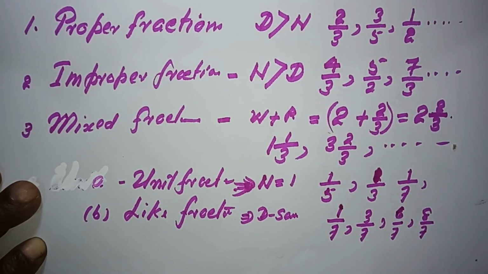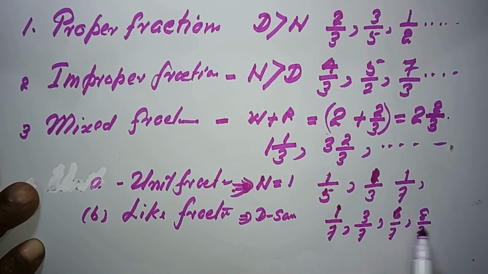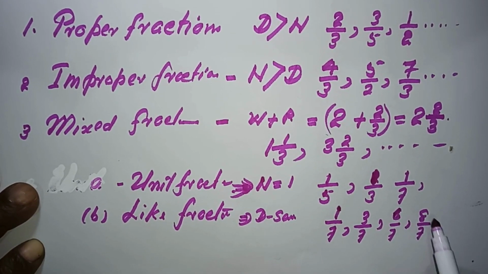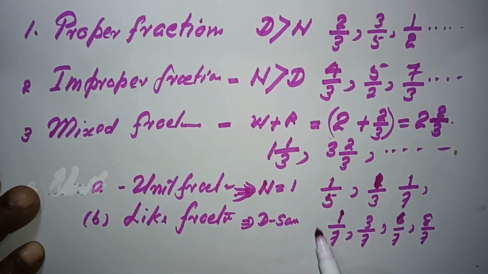Now you can see all the denominators are same. So we call these fractions like fractions. If the denominators are same, we can regard them as like fractions.